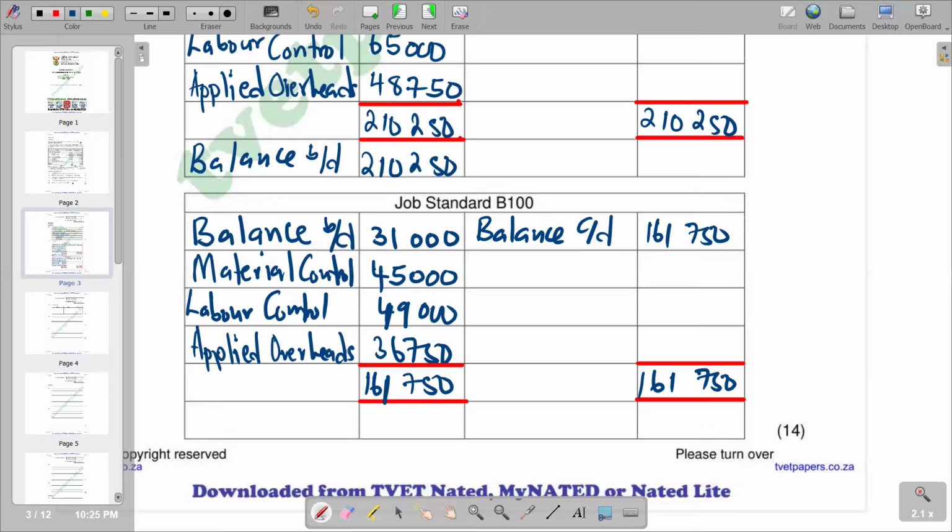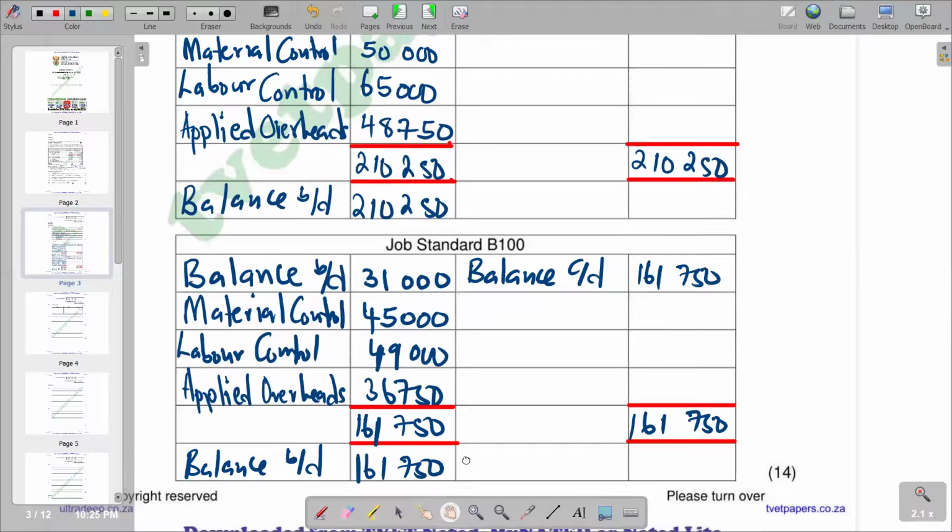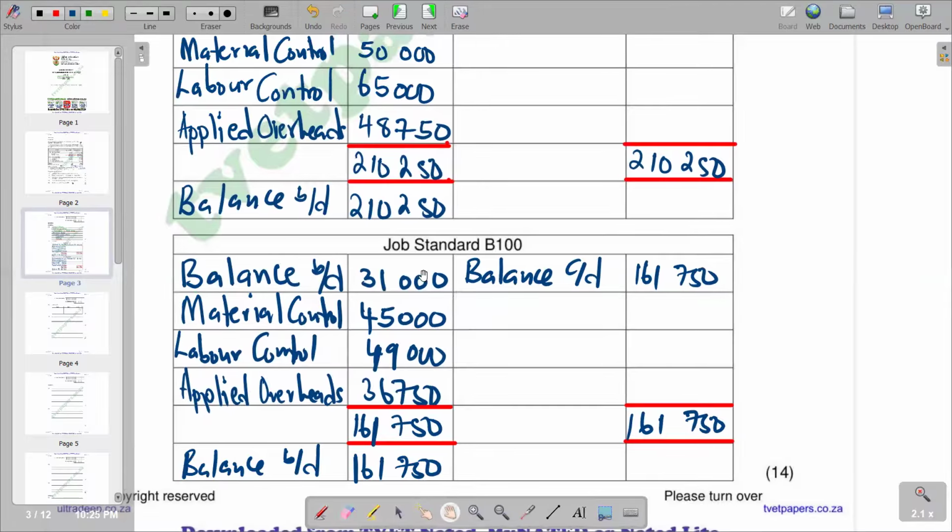And also becomes our balance BD. Basically this becomes what we have on the second account of job standard B100.